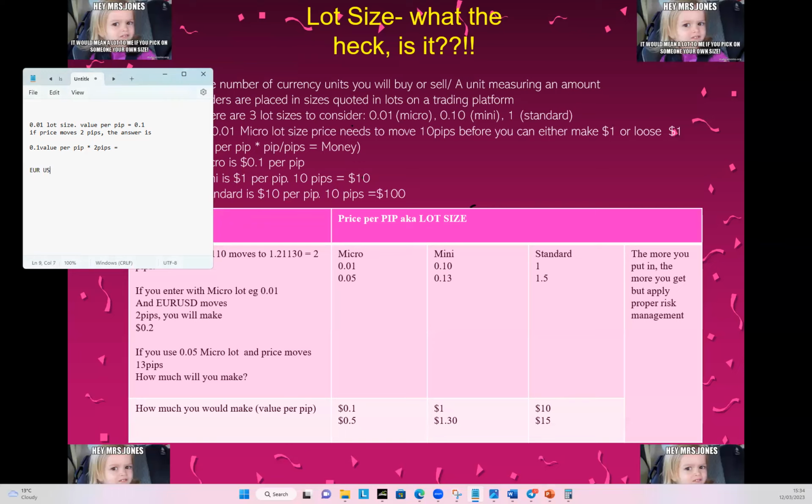EUR/USD price moves from 1.23451 to 1.34561. So in this example, if price moves from 1.23451 to 1.34561, how many pips is that?